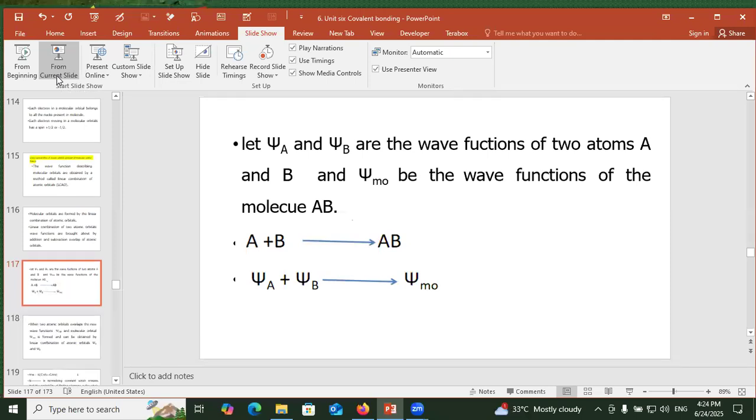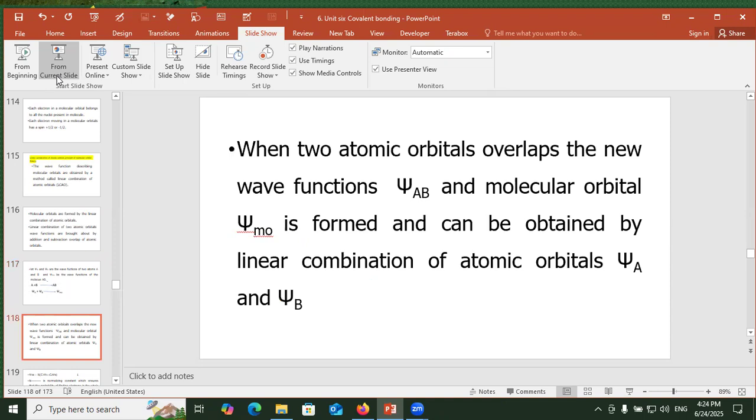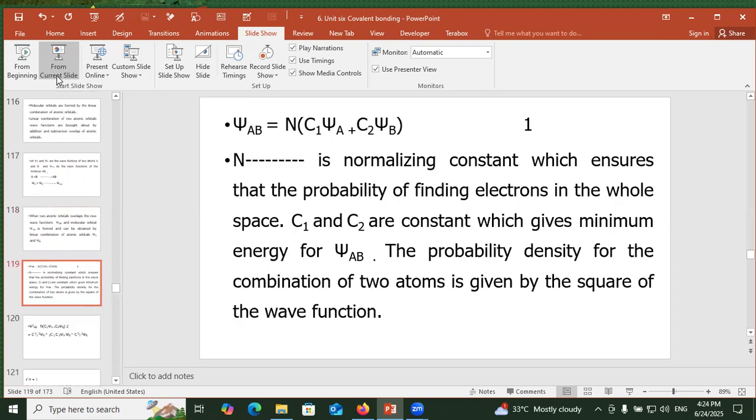Let psi A and psi B be the wave functions of two atoms A and B, and psi AB the wave function of the molecule AB. When two atomic orbitals overlap, the new wave function psi AB, the molecular orbital, is formed and can be obtained by the linear combination of atomic orbitals psi A and psi B.